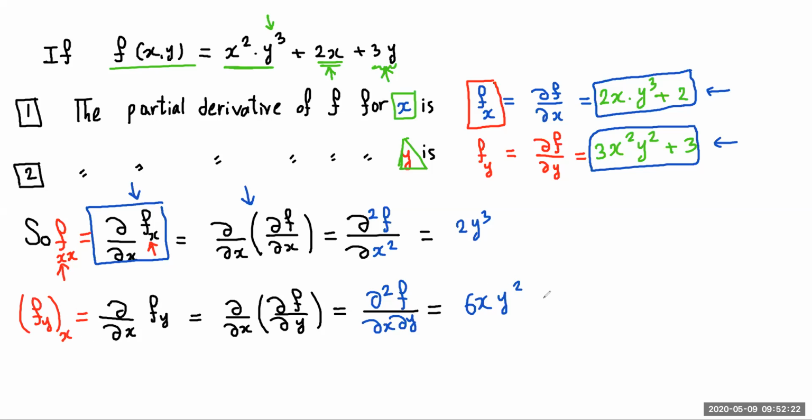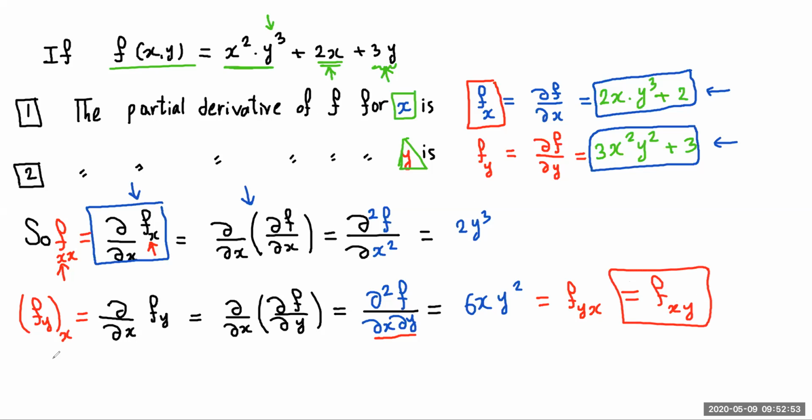So we can write it like this, f yx. Remark here, it's dx dy, but here yx, the inverse. But it's not so important because we will see later that this will be the same as f xy by theorem. This is equal because the function is continuous here, polynomial.